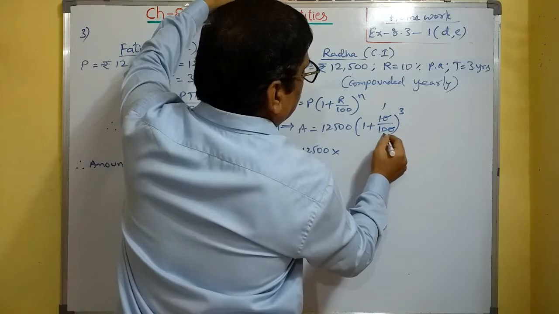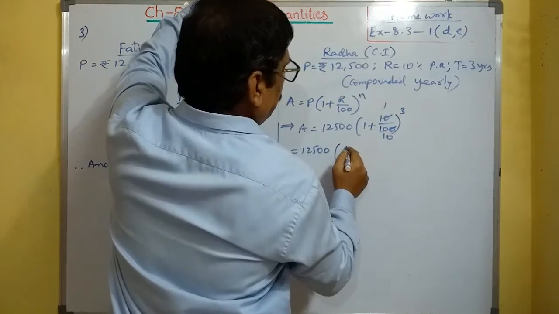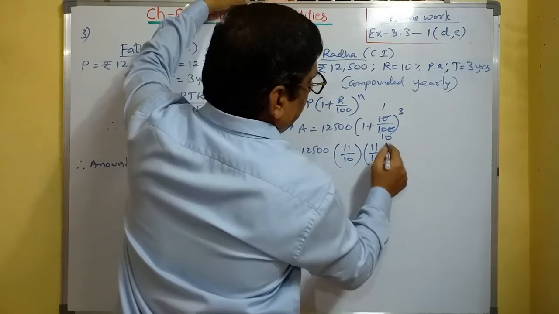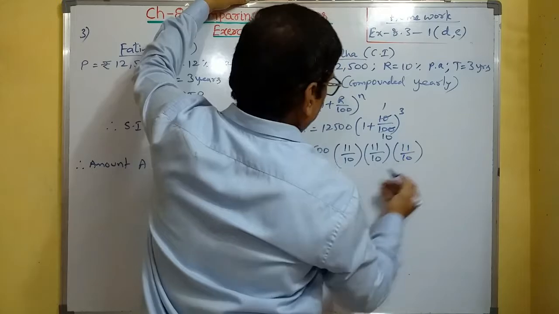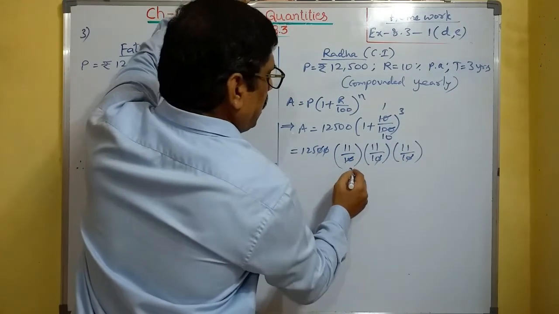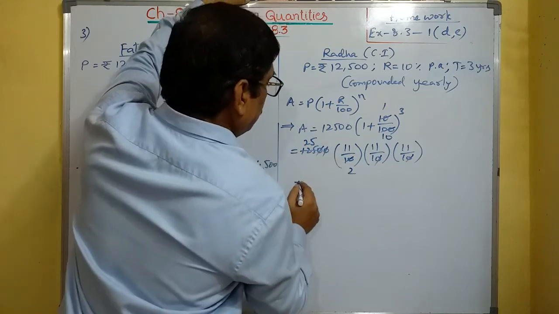So 1 plus 10 by 100 is 1 plus 1 by 10, that is 11 by 10. You should take it 3 times. So the zeros will be cancelled. In 12,500 there are 5 twos and 5 twenty-fives.